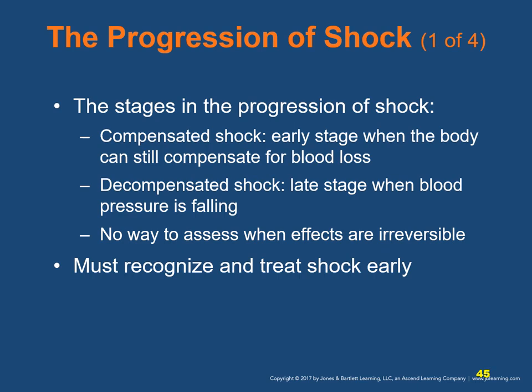The progression of shock. The stages in the progression of shock are: Stage 1, compensated shock. In the early stages of shock, the body can still compensate for blood loss.